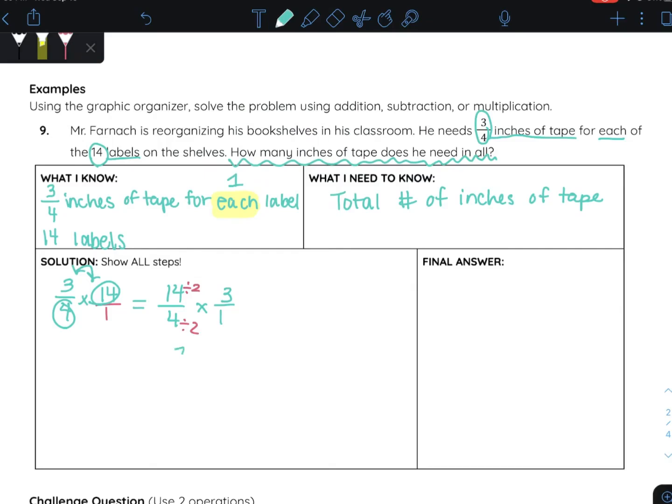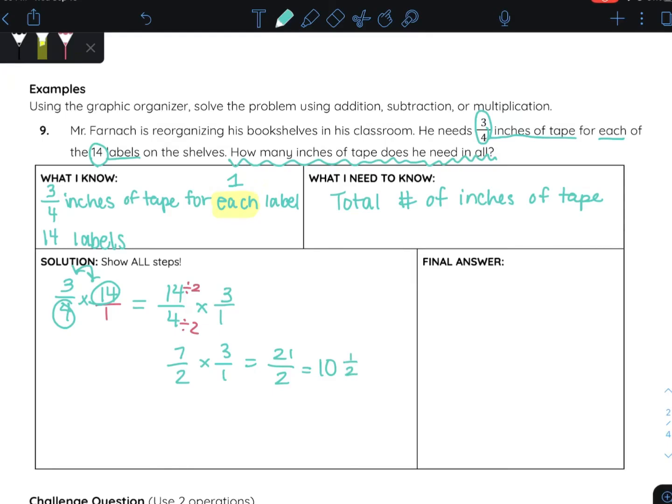So what that means is 7 over 2 times 3 over 1, which would be 7 times 3, 2 times 1. And now it looks kind of funny because it's an improper fraction, so I'm going to try to make it into a mixed number. So I know 2 would go into 20 10 times, but that would mean that there's 1 left over.